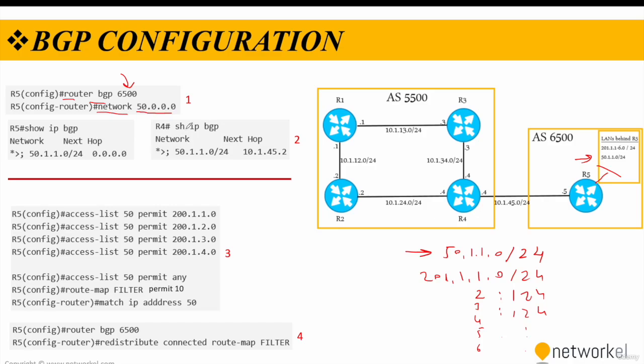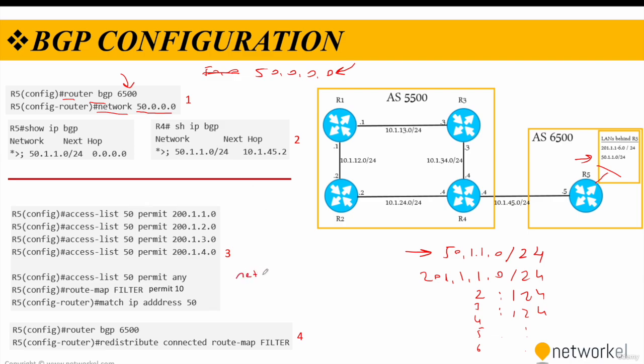But there is an issue again in here. If I go ahead and do the advertisement like this, it will advertise everything, okay? Everything starting with 50.0.0.0. So it will advertise everything in this case. The correct usage of this command is really network 50.1.10.0, not 50.0.0.0. Sorry, let me type in here.